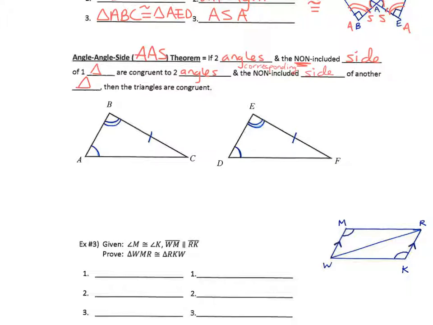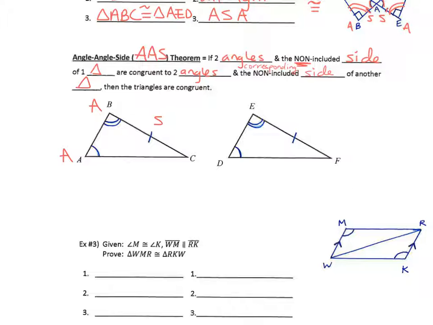What do I mean by the corresponding non-included side? Yeah, Grace. The other side that isn't revealed. Yes, but the one that matches up with our first one, right? So for instance, if this one goes angle, angle, side, and it goes single arc, double arc, side, you cannot go double arc, single arc, side, because this one's not included either, right?